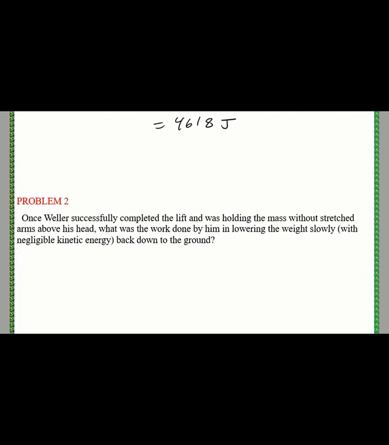So delta K plus delta U equals the work, the same equation. Now lifting with constant speed, so delta K equals 0. Delta U, mg delta H, equals work external. Now what is delta H?